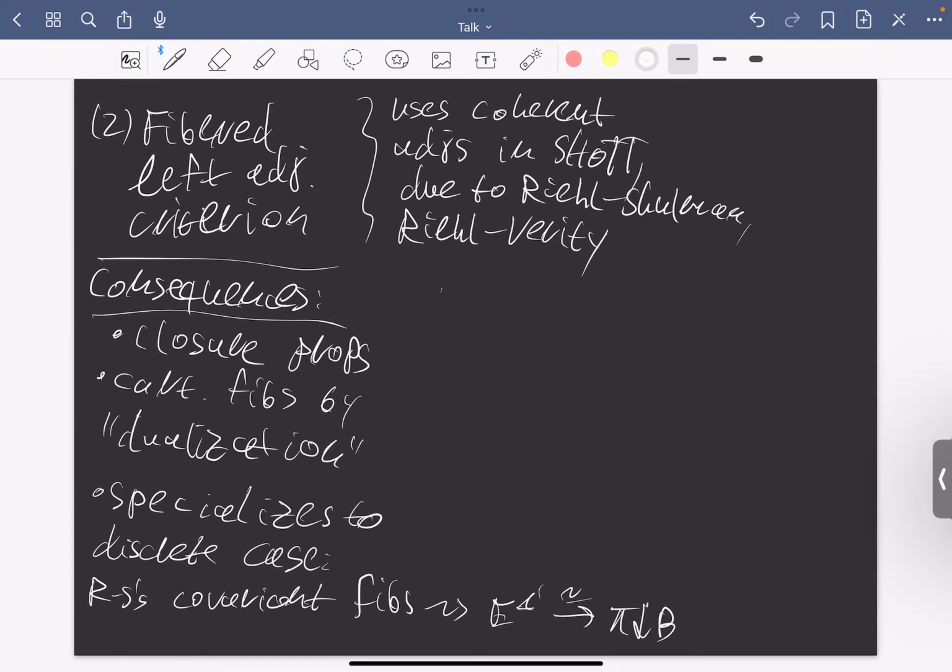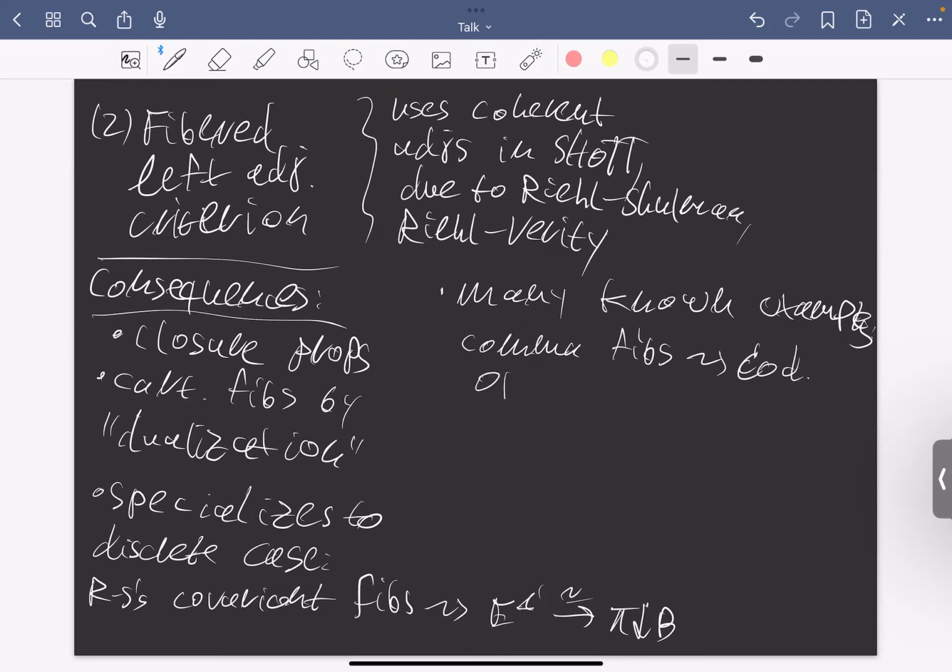And we get many known examples, such as comma fibrations, and hence in particular the codomain fibration, I guess I want to call it. Well, also comma op fibrations, I guess. So those are all co-Cartesian fibrations or co-Cartesian families.